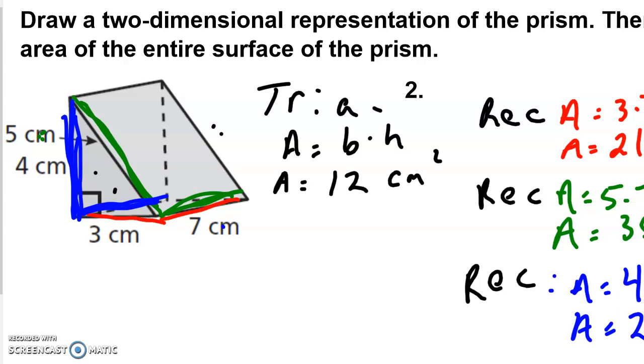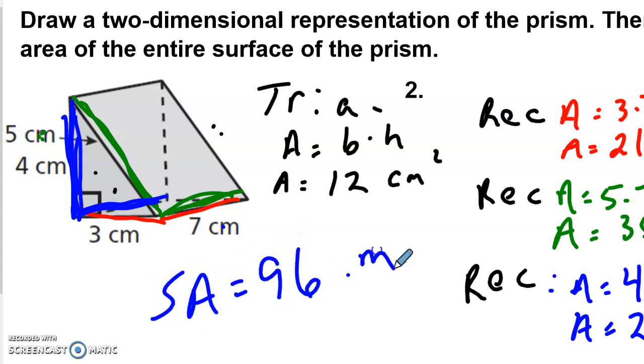Now to find the surface area, all I'm going to do is add everything up. I've got my calculator in front of me too: 12 plus 21 plus 35 plus 28 equals, so our surface area for this triangular prism is 96 centimeters squared.